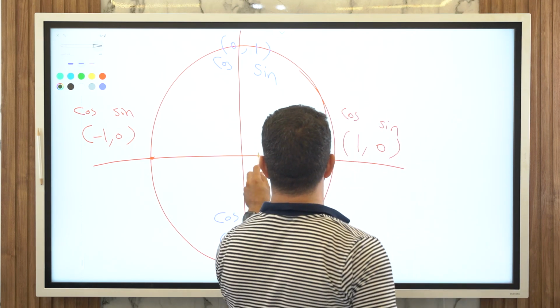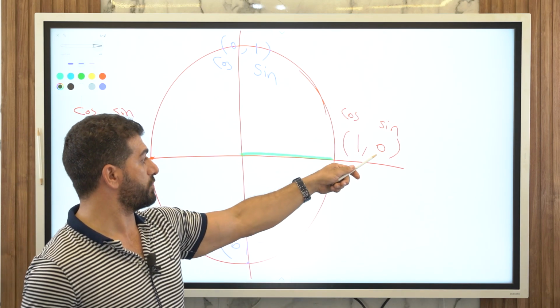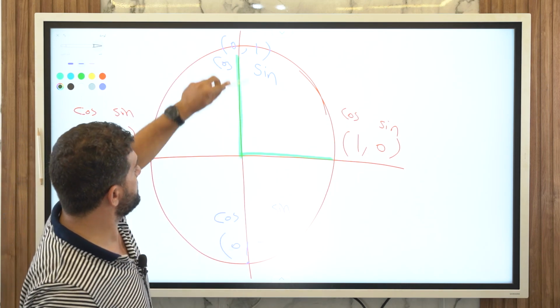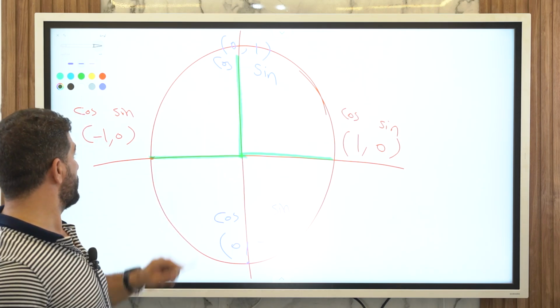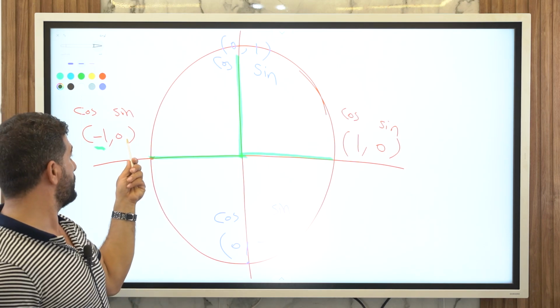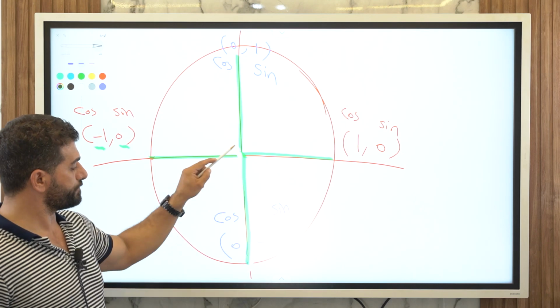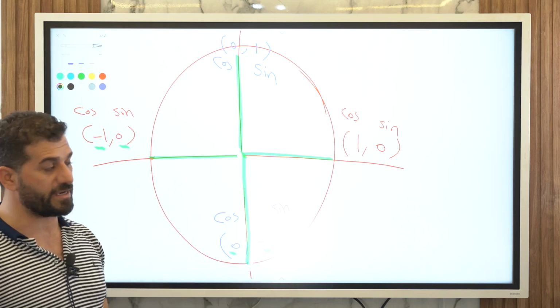You know that this side is the initial side. If I asked about cosine 0, it's 1. Sine 0 is 0. What about cosine 90? Cosine 90 is 0 and sine 90 is 1. What about 180? Cosine 180 is negative 1 and sine 180 is 0. What about 270? Cosine 270 is 0 and sine 270 is negative 1.